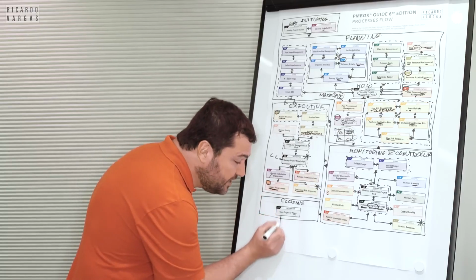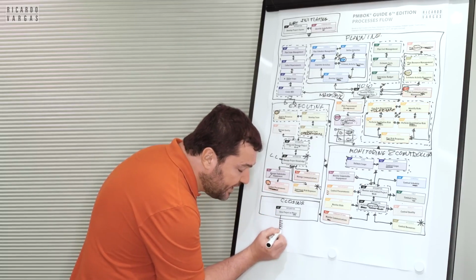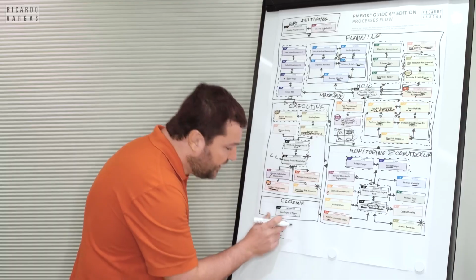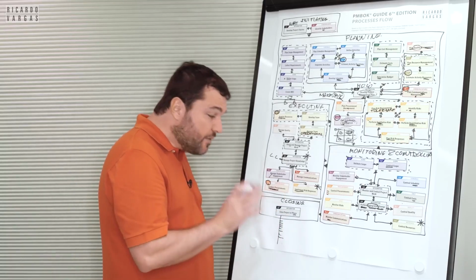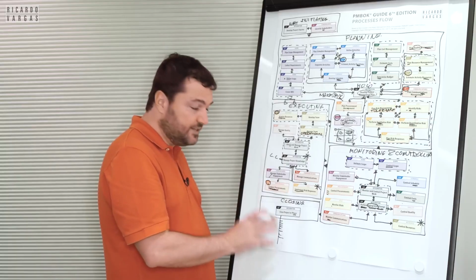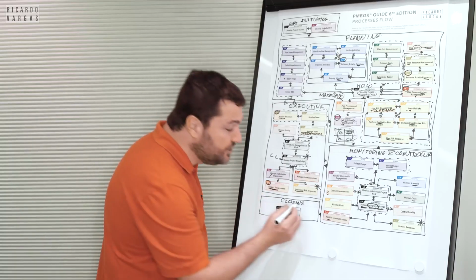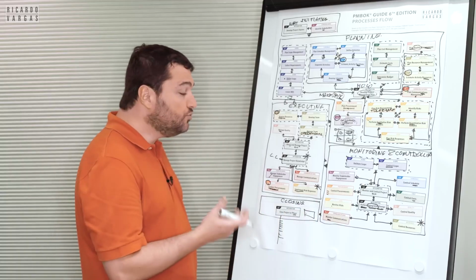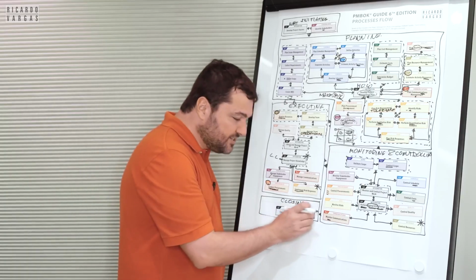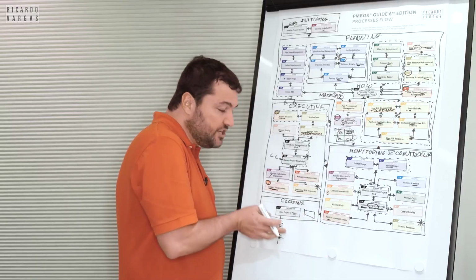And here I will include all the work I need to do. I need to celebrate, I need to hand out the documents and this. What is very, very important here is that in the past, there used to be another process here called closing procurement. And this process disappeared and was incorporated here.